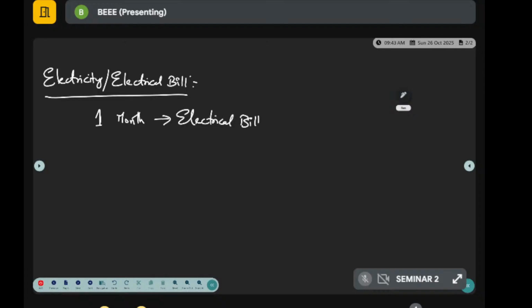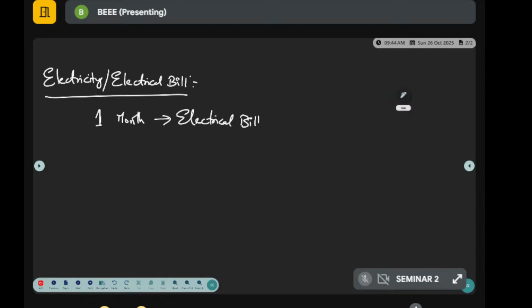So the electrical department will calculate the consumption of power for 30 days, or how much energy is utilized by the individual household or any institution, any user, and thereby they will give the electrical bill after completion of 1 month.